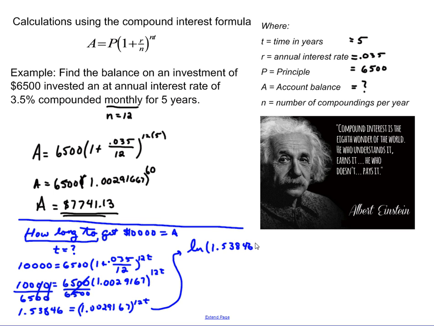And I know the reason I would take my natural logarithm over here on the right-hand side is because I would want to take that power in front. Because when I take the natural logarithm of my number over here, I can take this exponent down in front so that the natural logarithm of 1.53846 is equal to 12t times this natural logarithm.